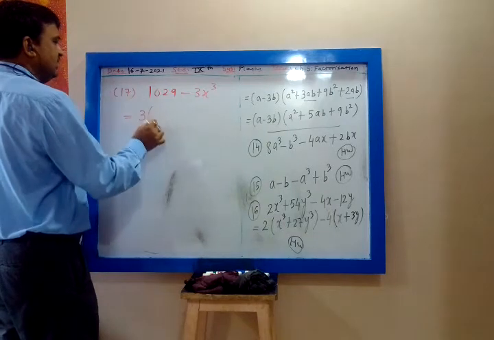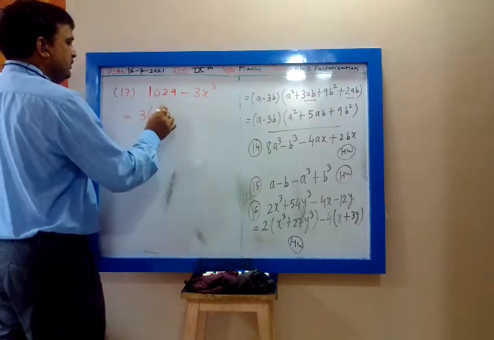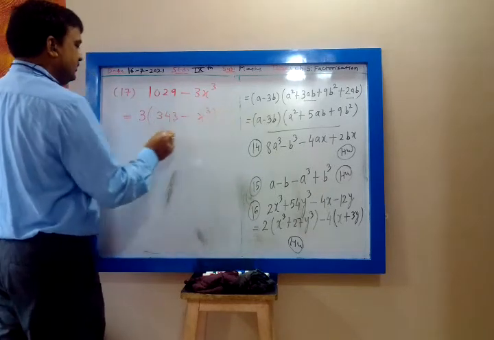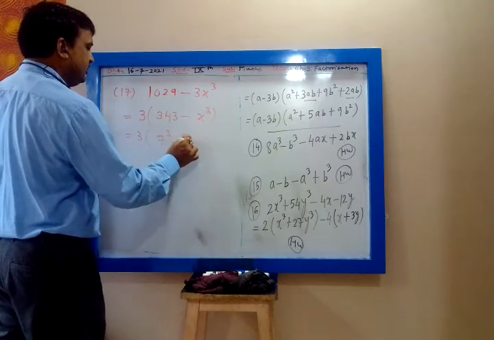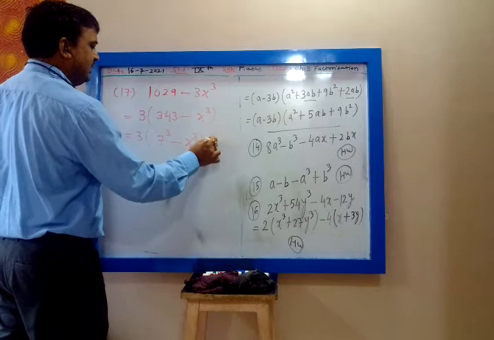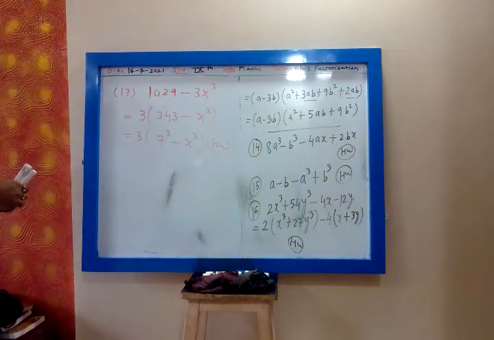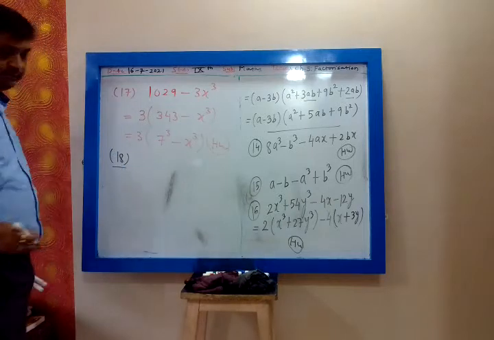So 3 3s are 9, 3 4s are 12, 343 minus x cube. So this you can write 7 cube minus x cube. Then further calculation homework. Okay, a cube minus b cube formula. So calculation part you do.